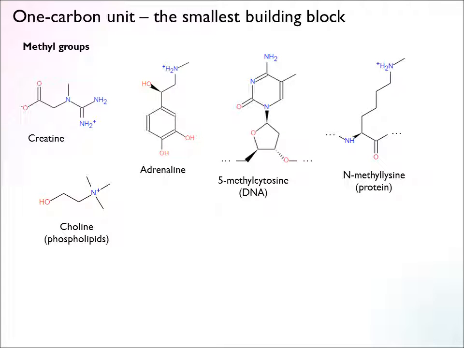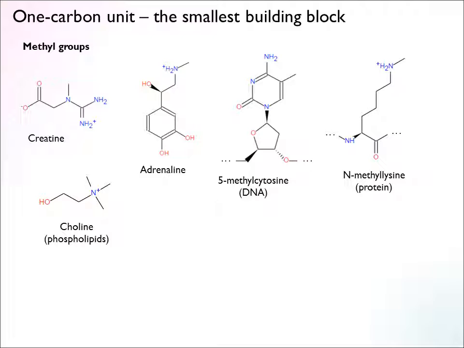So one-carbon units, what is this? Well, this is sort of the smallest building block that you can think of in metabolism. We have looked at the metabolism of acetate groups carried by acetyl-CoA, and that's a common building block. This is metabolism of methyl groups, basically.